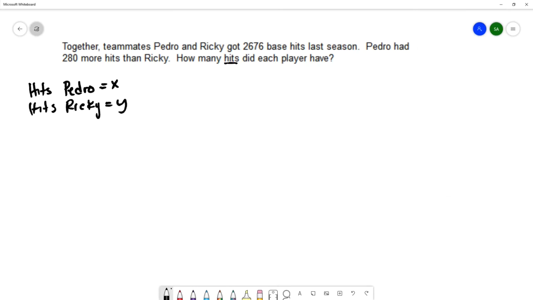In the first sentence, it says that together these teammates had 2,676 base hits. Together indicates that if we add their hits together, we're going to get that total of 2,676. So that gives us one of our equations in the system. X plus Y equals 2,676.